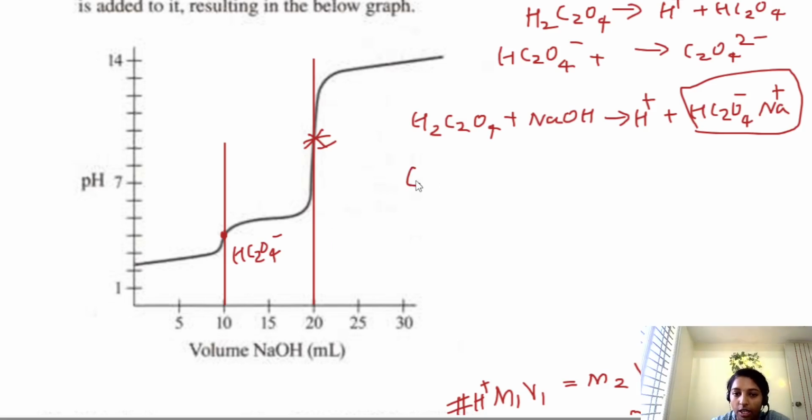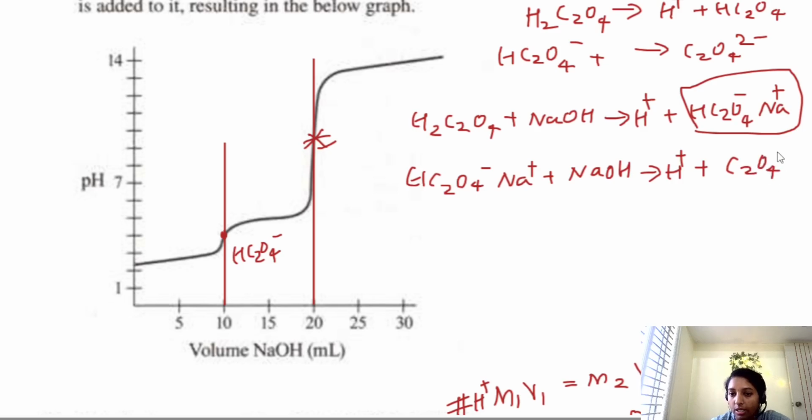Okay, then what happened in the second phase? This HC2O4 minus Na plus will react with another NaOH, forming another H plus, and they will donate C2O4 2 minus. So you can write Na2, sodium is 2 in number.